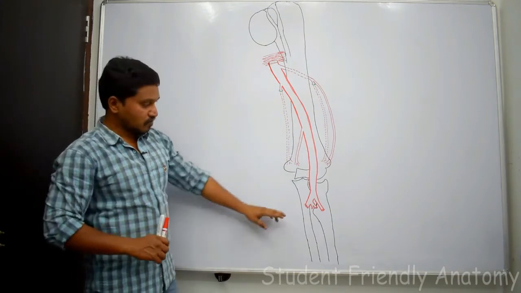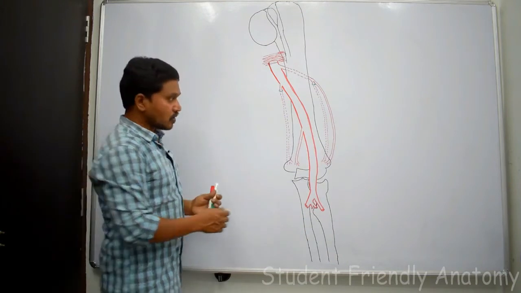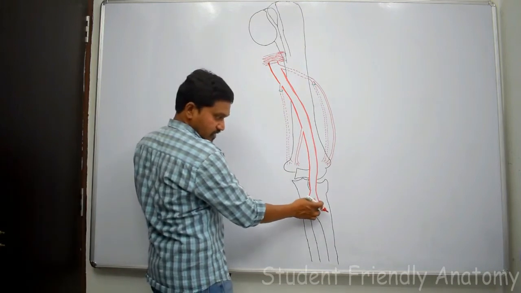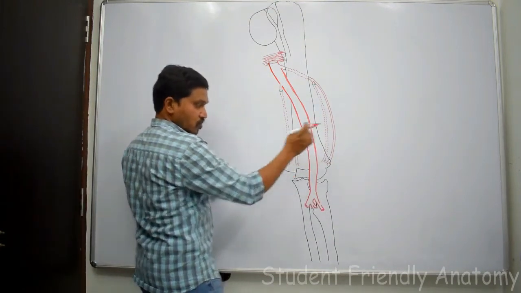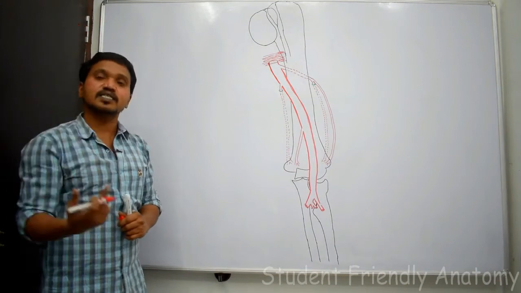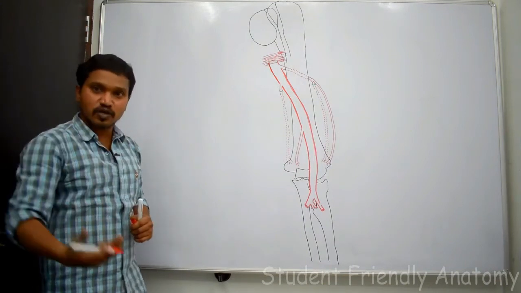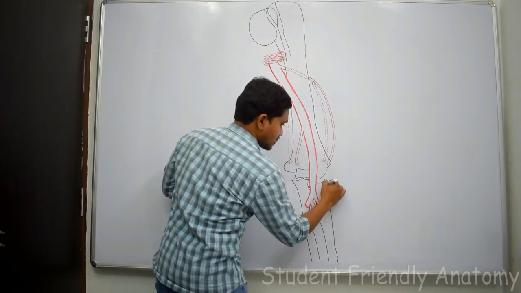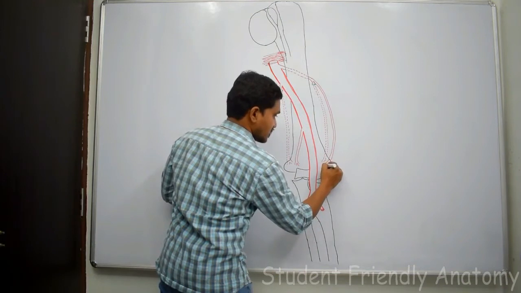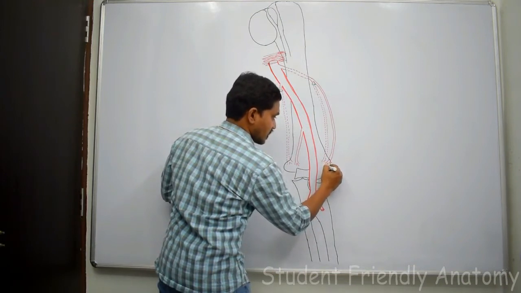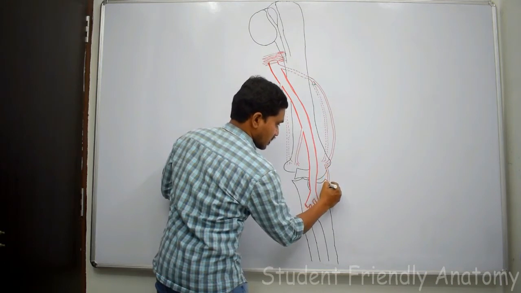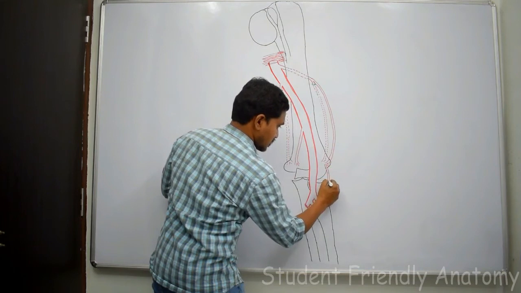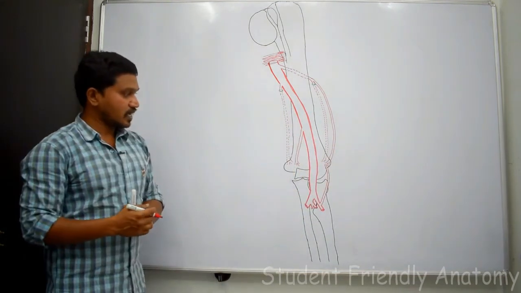Right? Now, if you come below, this side is the radial side, so the radial artery is there. This radial artery gives one ascending branch. Ascending means recurrent, going back. So this is the recurrent branch from the radial artery.